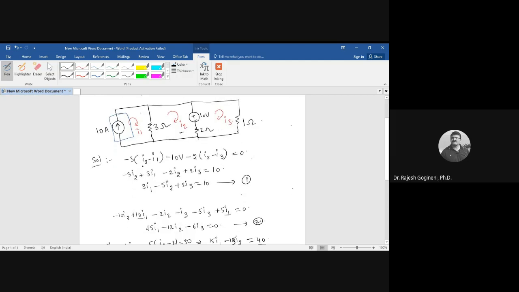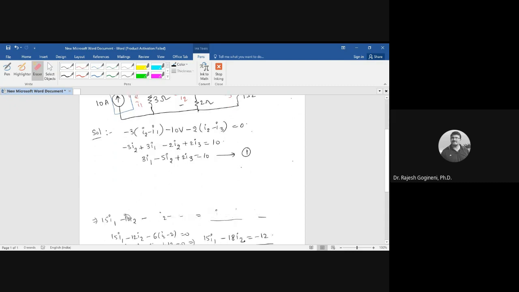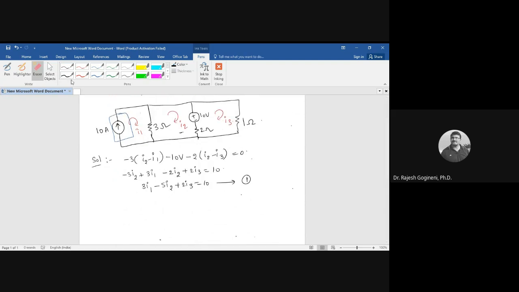Right. Now apply KVL for the third loop, the loop which consists of the current I3. So plus 10 volts minus I3 minus 2 times (I3 minus I2) is equal to 0.